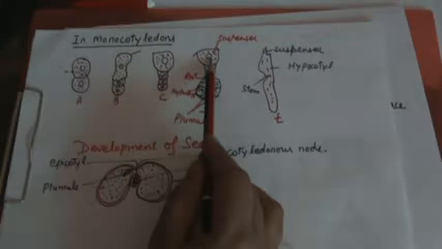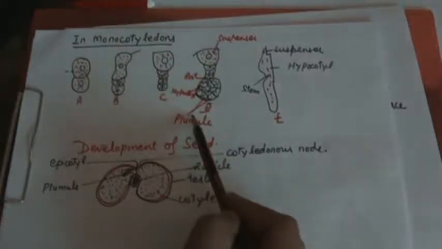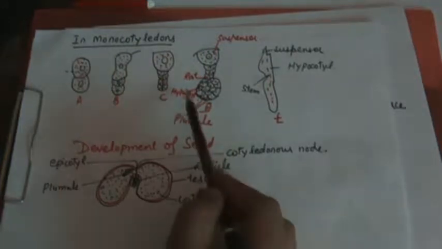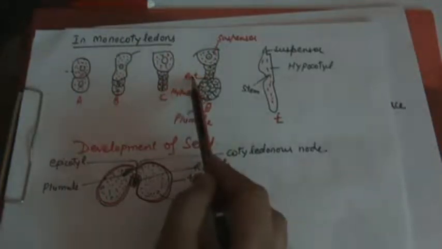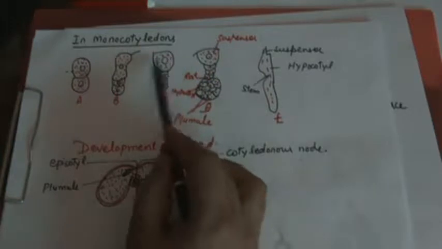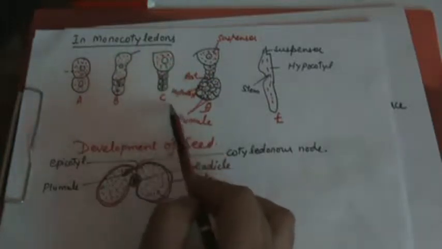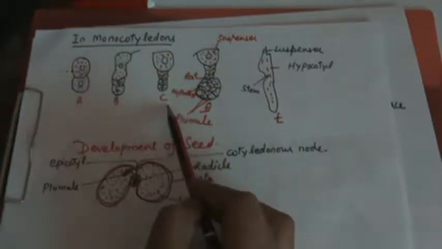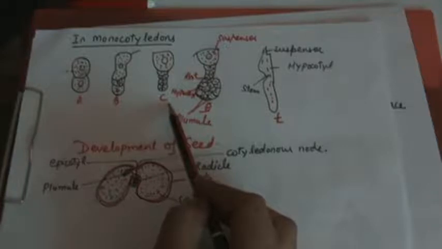This is the suspensor and here is the plumule. Stem cells and plumule. Plumule, hypocotyl, root. These 3 are formed in this stage, up to A, B, C. These stages are all the same as in the dicotyledons.